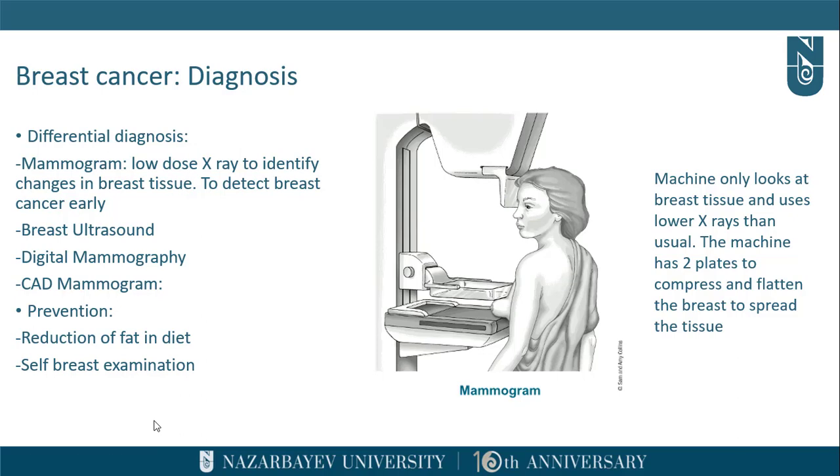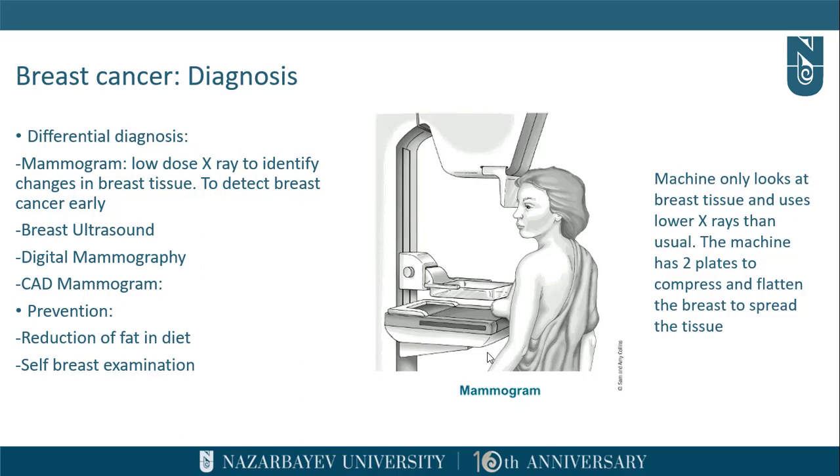The simplest form is mammogram, in which the woman puts her breasts onto two plates, which will emit a low dose of X-rays to identify whether there are some changes in the breast tissue. It's a very quick method, and in our country also women are advised to have this mammography.